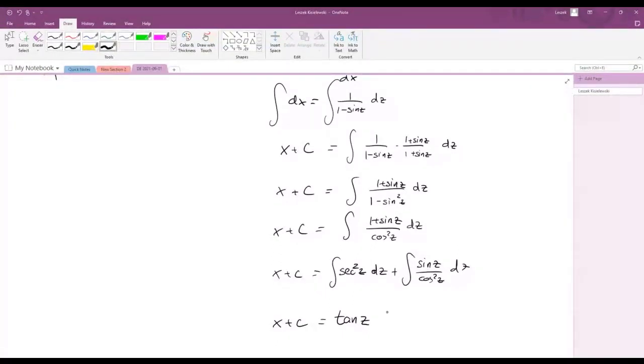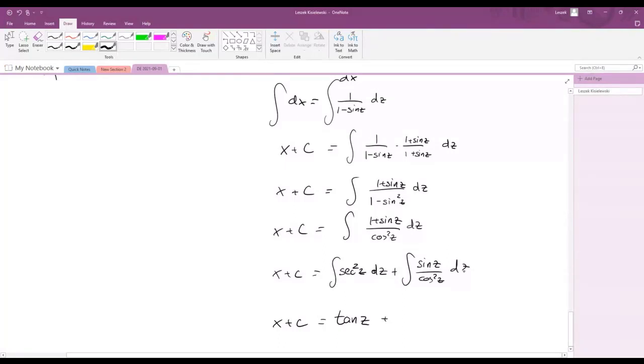And the antiderivative of sine over cosine squared would be 1 over cosine. Negative, or yeah, 1 over cosine.